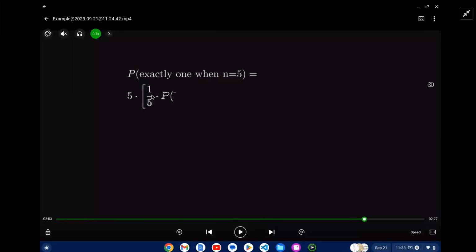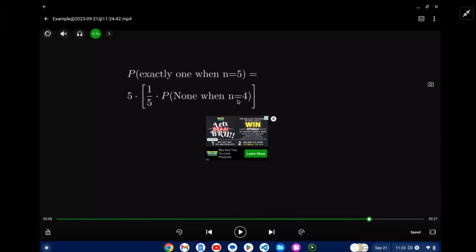The first one needs to be right, that's the 1 over 5. And then the next 4 need to have no matches. So this is like a recursive formula. 5 ways, each one 1 over 5, and this simplifies to the probability of getting none when n equals 4.